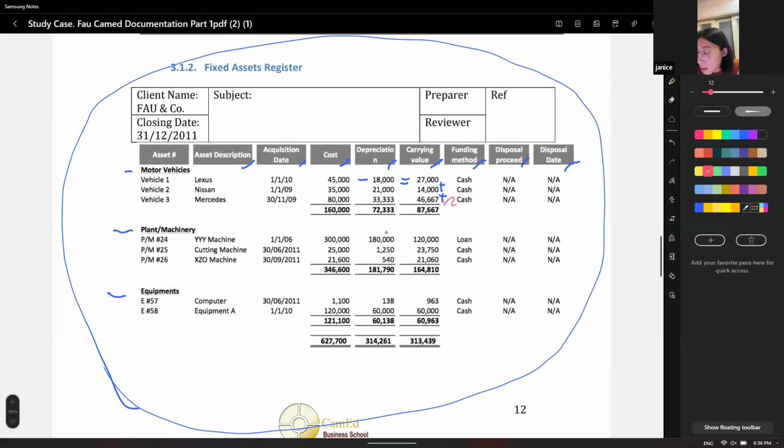What we do in audit is if we add together and the amount is correct, we put a sum symbol to say, yes, the calculation is correct.